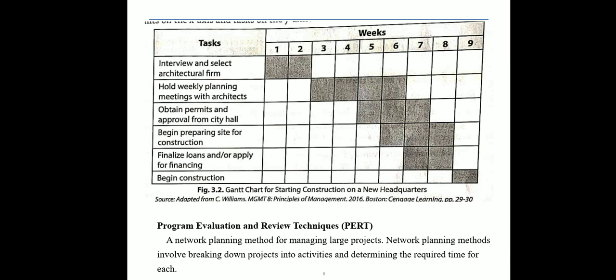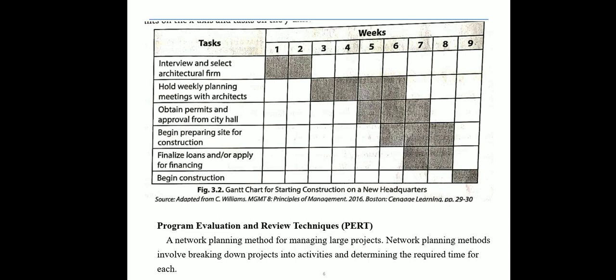Let's proceed to PERT, or Program Evaluation and Review Technique, a network planning method for managing large projects. Network planning methods involve breaking down projects into activities and determining the required time for each. As a project management tool, the PERT chart is often compared to the Gantt chart because it identifies task dependencies.